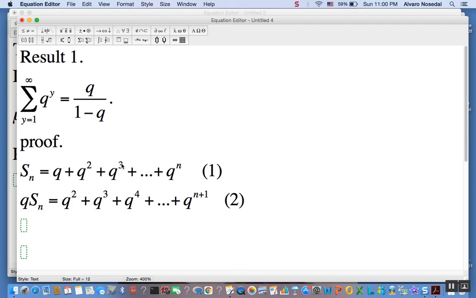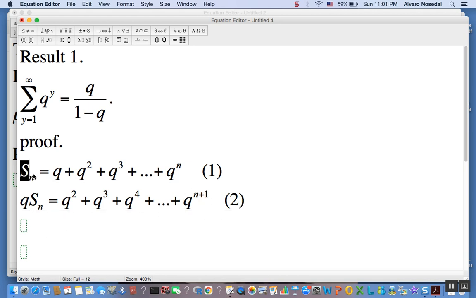We have q cube minus q cube, these would cancel out, and so on. So then we would have q to the n power. The previous term here would be q to the n power, so the only ones that survive are the first one from the first equation and the last one from the second equation.